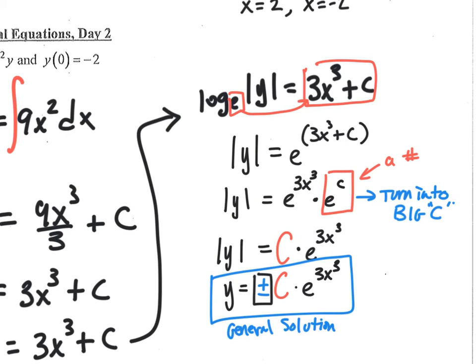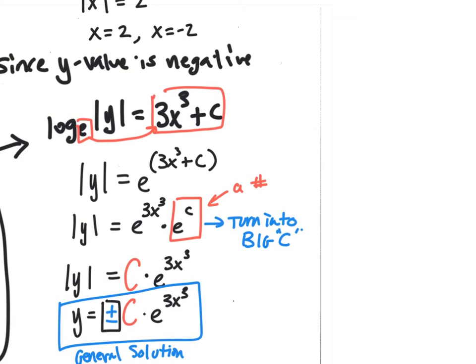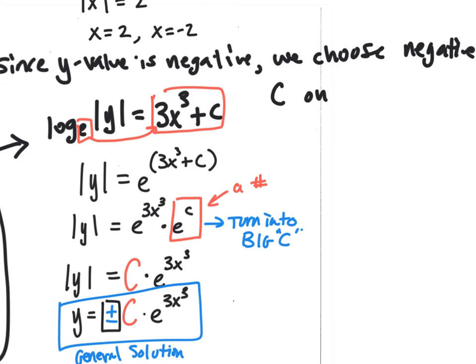So because, and this is similar to what we had on the other one, okay, and I want to highlight this and say, since the y value is negative, we choose the negative C value on our general solution, okay?